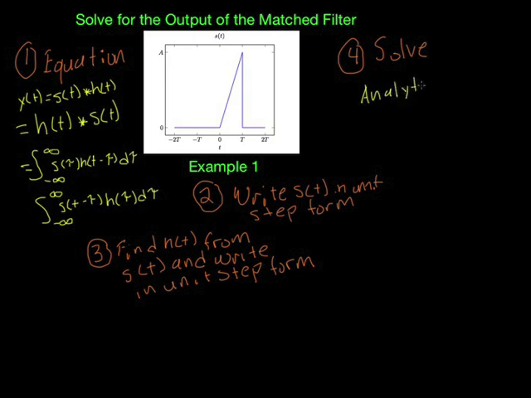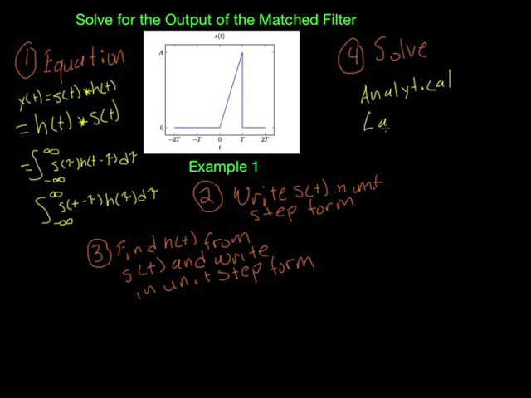We will use this convolution integral, and we're going to use the unit steps that we'll get in steps 2 and 3 to define the limits of integration. So it's very important that we learn how to write the equation in terms of unit steps, and that's how we will solve with the analytical method.